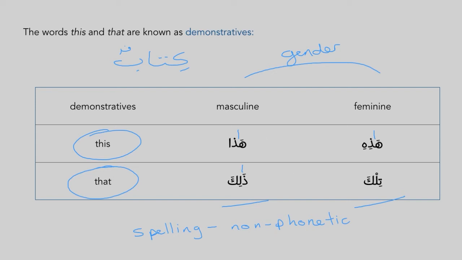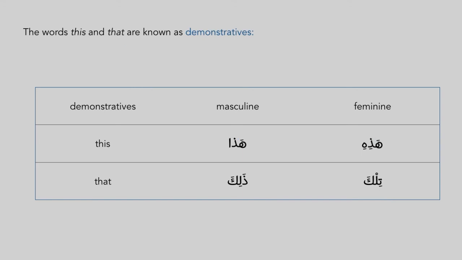So it's written differently to how it's actually pronounced. I've never had a student say hadha wrongly, even though the alif's not there, because everyone just knows it's hadha. Just stick with hadha, hadihi, dhalika. Perhaps we shouldn't have gone into this, but it's nice to see some words which are not spelled like they're said.